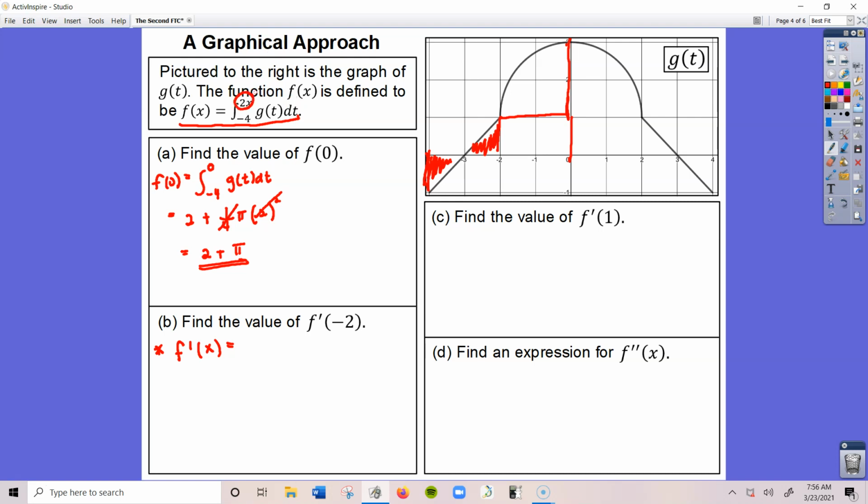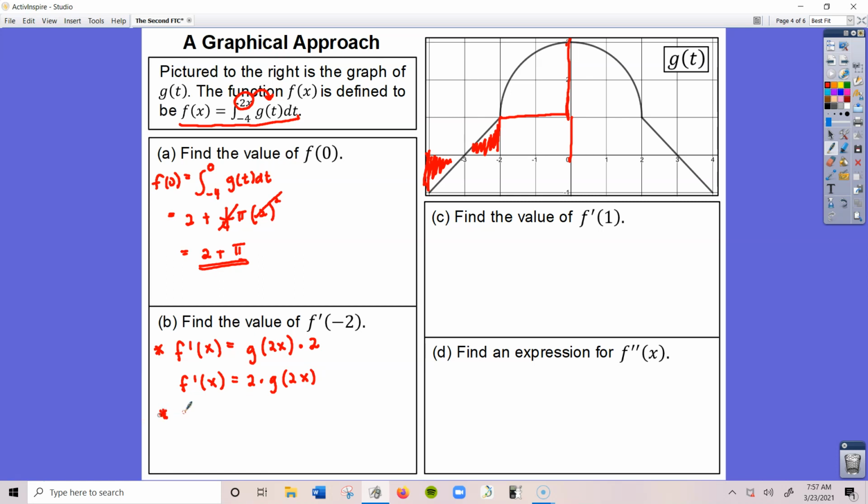We plug in the 2x for t, so that would be g of 2x, and then I multiply by the derivative of 2x, which is 2. So f prime of x is equal to 2 times g of 2x.